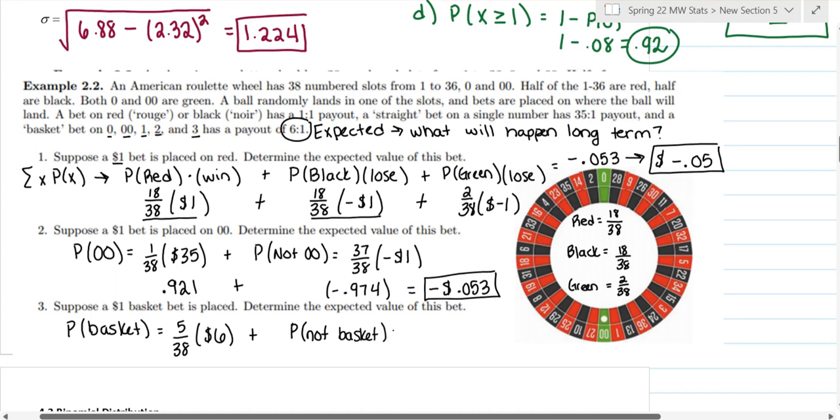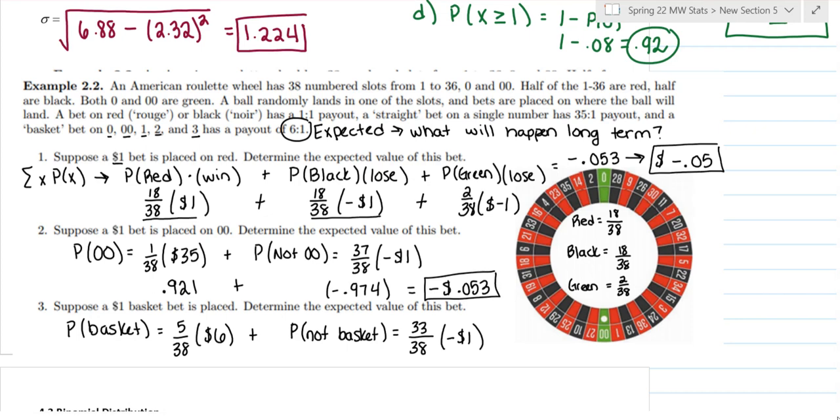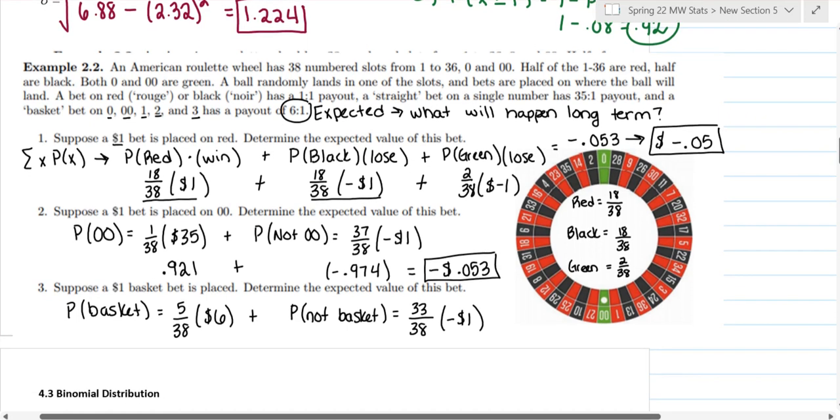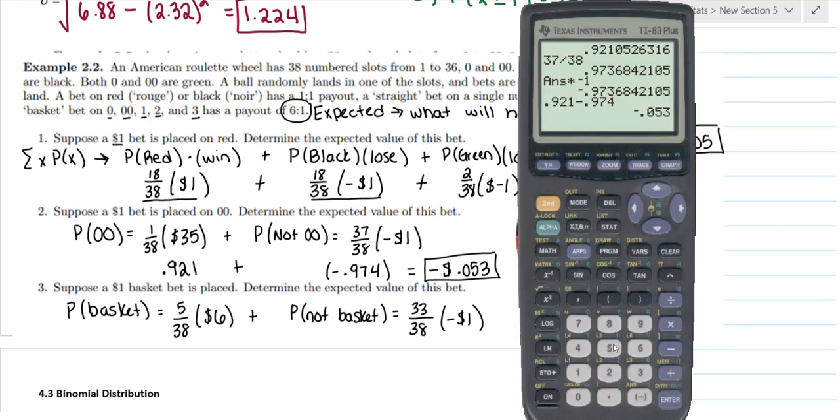Okay, so if there's 5 ways to get the basket, then there's 38 minus 5, 33 ways to not get a basket. And you are losing $1. Okay, so 5 out of 38 times 6 is going to give us 0.789.